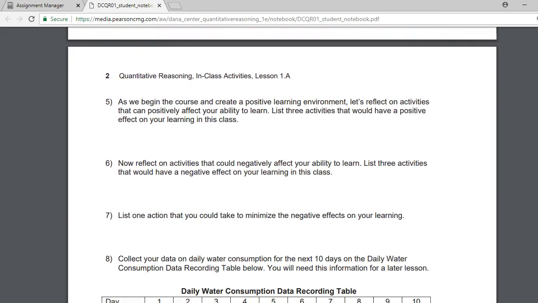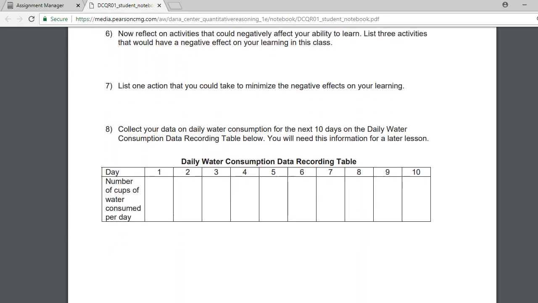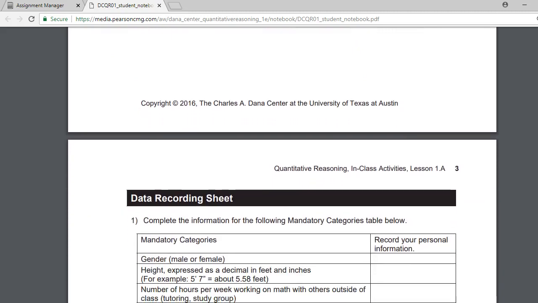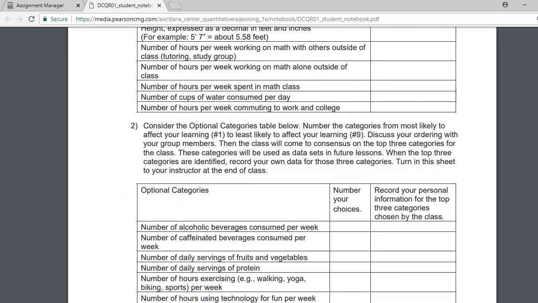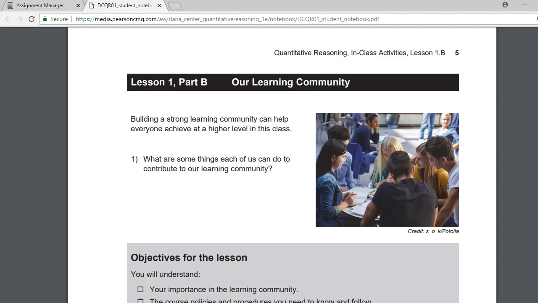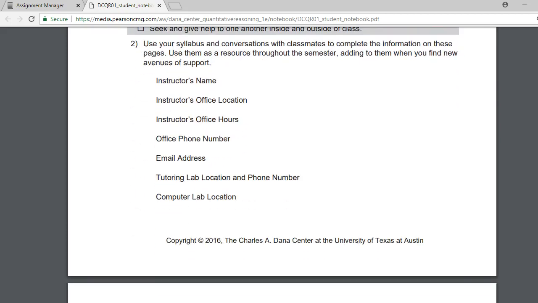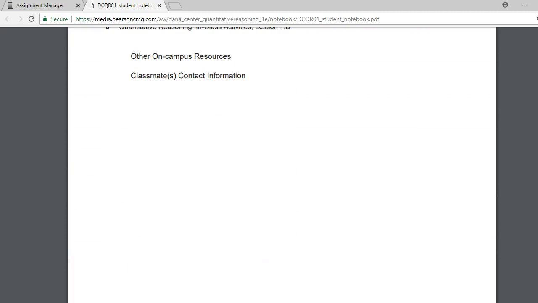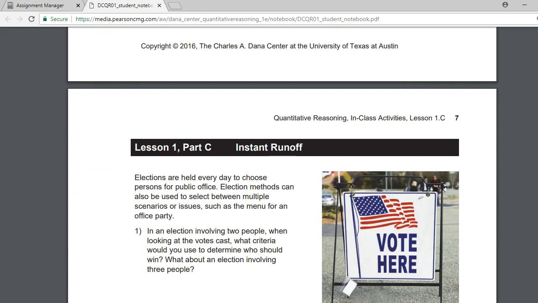I'm going to keep scrolling down, and we had a daily water consumption recording table, and then it's like, well, we recorded some data, we've worked with the data, but there's no way we can test what we were doing there. A learning community, that's where we were talking about how to form groups, how to be resourceful with your syllabus, but there's nothing we can test there.